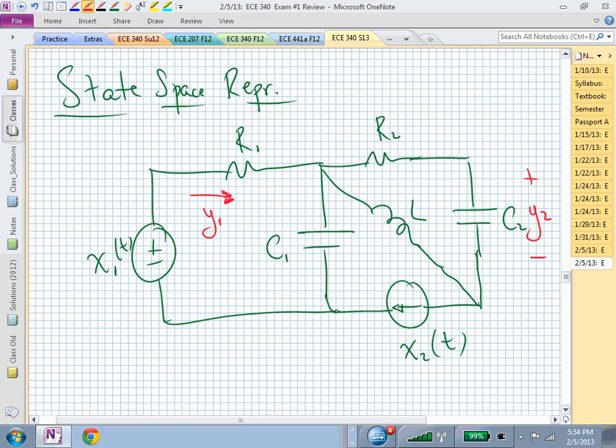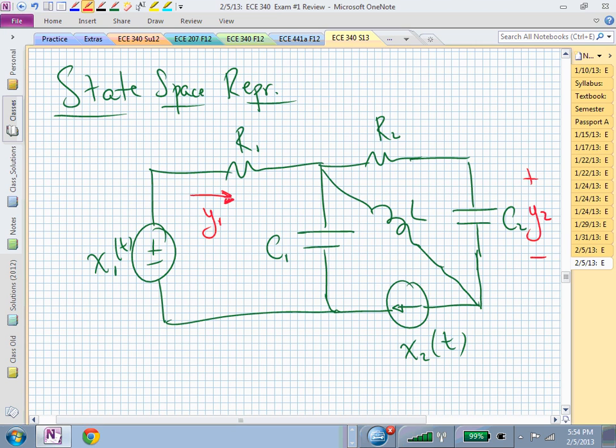All you've learned so far, if you have two inputs, is you have two columns in B. You don't necessarily know how tall it is just yet. How tall it is determined by how many state variables you have, and how many state variables do you have in this system, or how many energy storage devices do you have? 3. So the input matrix B is 3 by 2.